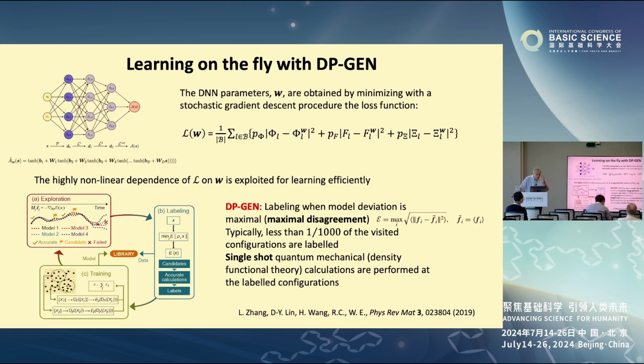Now, the neural network parameters that are called W here are obtained by minimizing, with a stochastic gradient descent procedure, the loss function that I have written down here. And in order to apply on the fly a query by committee procedure to this process, we can consider now not a committee of students but an ensemble of neural networks that are trained with the same data but differ in the initial conditions.